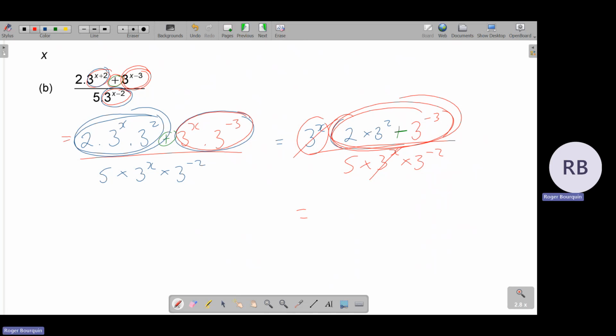Okay, and if my calculations are correct, you have to check my working over there. You're going to have 2 times 9, which is 18, so it's 18 plus 3 to the negative 3 divided by 5. Yeah, it's a horrible number.